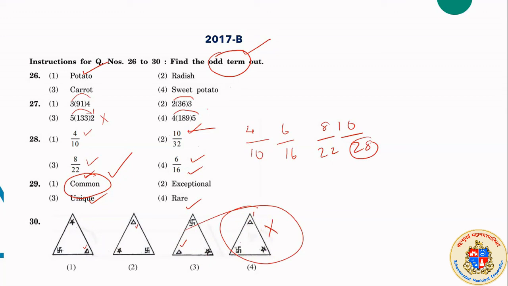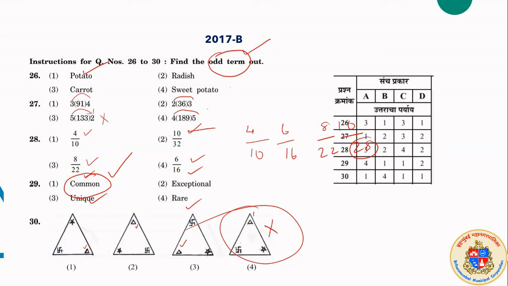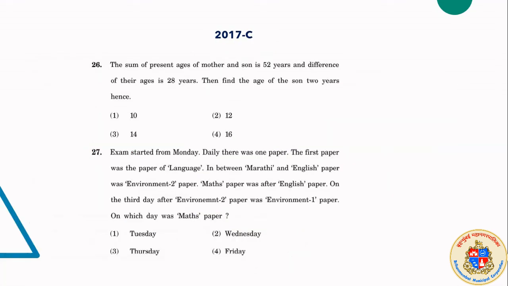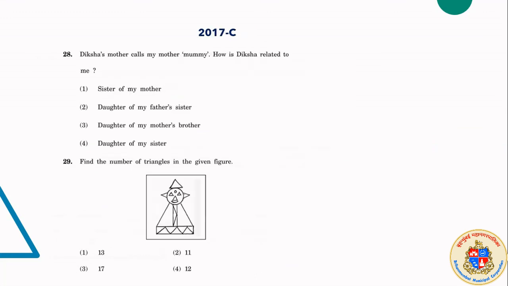Understood? This way we will be finding out answers. In this video I have added three or four more questions from two question papers, that you will answer yourself. The answer key is also given. You will read the question, now it is 26 and 27. You will get your answers. After getting the answers, you will go for 28 and 29.